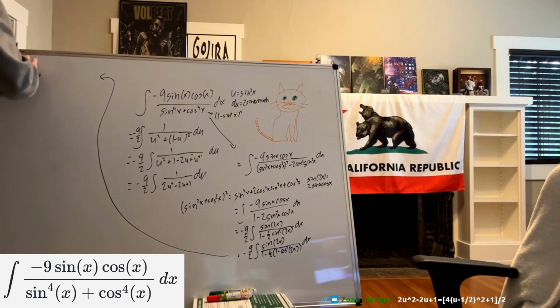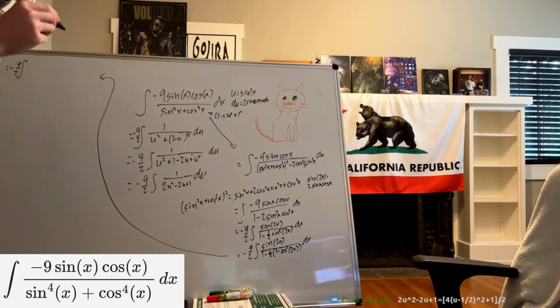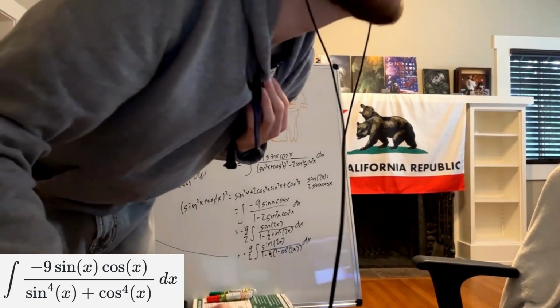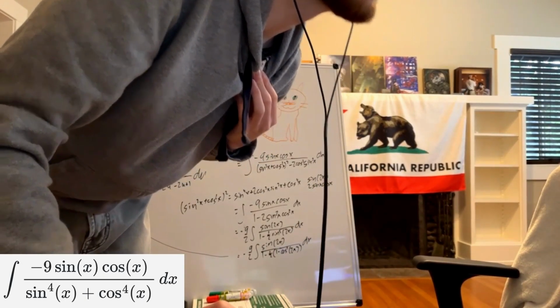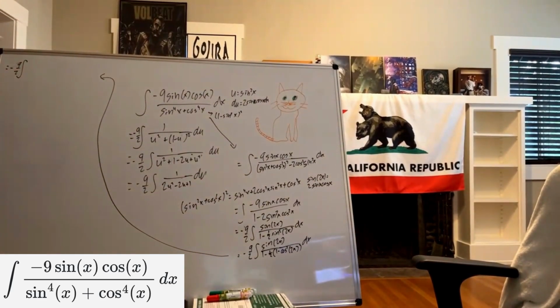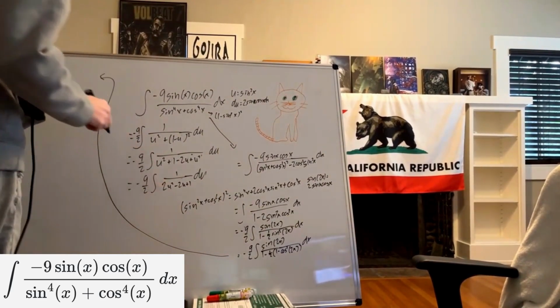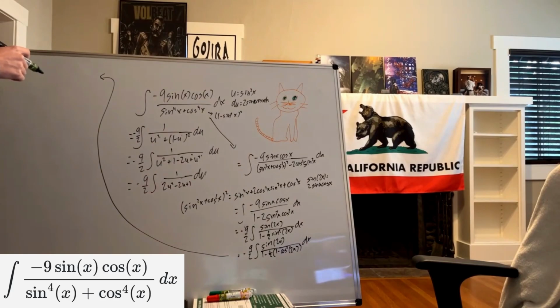Let's not forget our constant. Okay, yeah, so that's completing the square. That's right. So we know how we could integrate that, but it's still a little bit annoying.